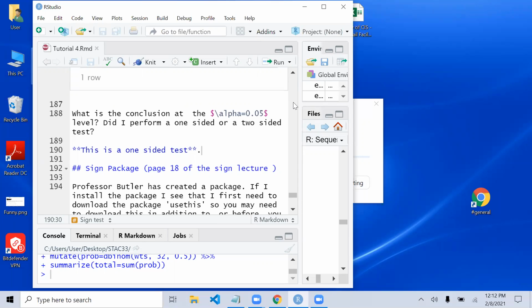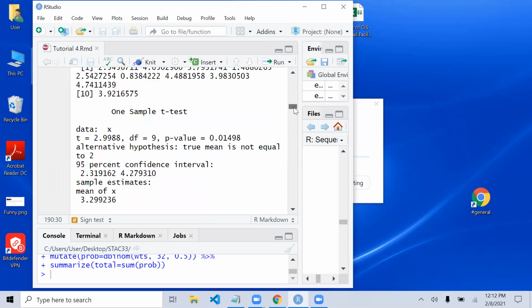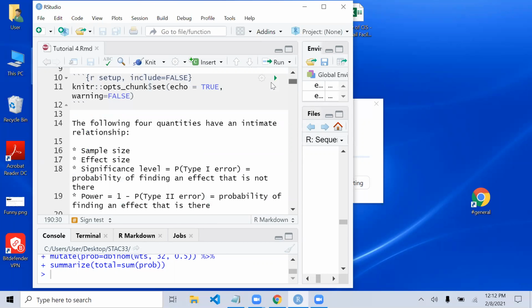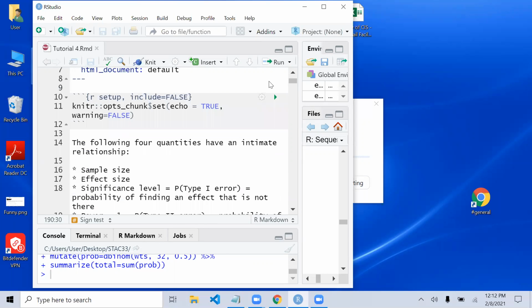Does anyone know what power is by definition? It's a complement of what? Power is a complement of the type 2 error, where beta is the type 2 error. So Jackie is saying it's 1 minus beta.